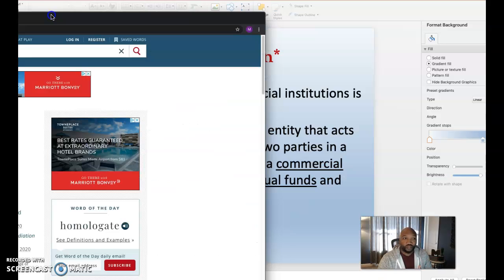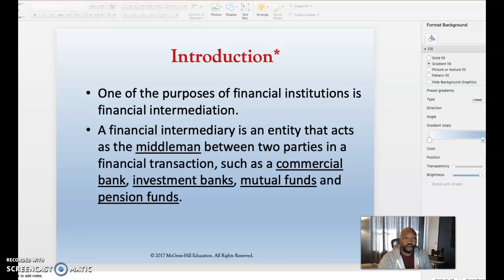Financial intermediation is where a financial entity sits between buyers and savers, or two sides of financial transactions. Those could be traditional banks, like PNC Bank, Dexter Credit Union, etc., investment banks, mutual funds, and pension funds. But really, you just need to know regarding financial intermediaries that it sits middleman between two parties in a financial transaction.